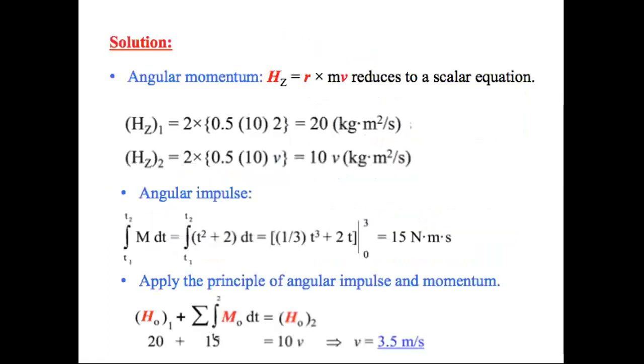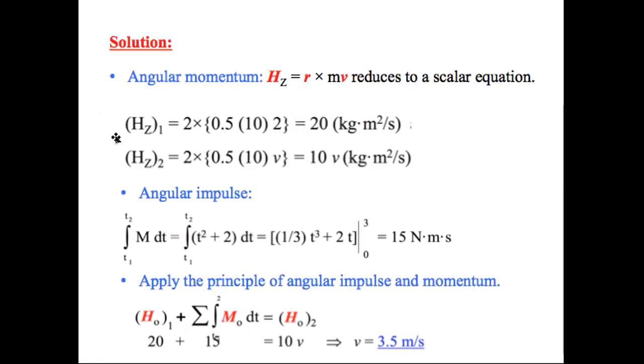Again, we have to apply the principle of angular impulse and momentum about the axis of rotation, meaning the z-axis. First, we find the angular momentum when the balls are at the start point and also after 3 seconds.